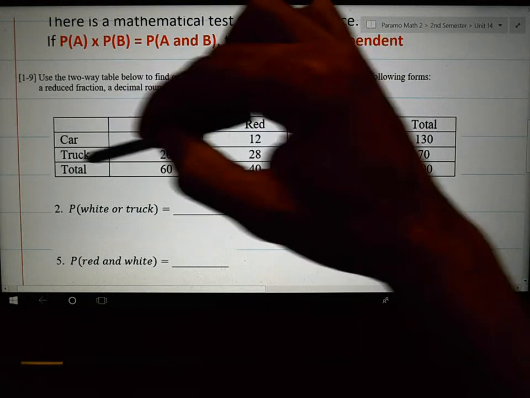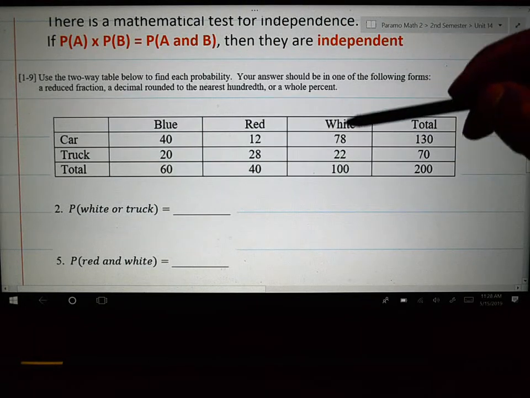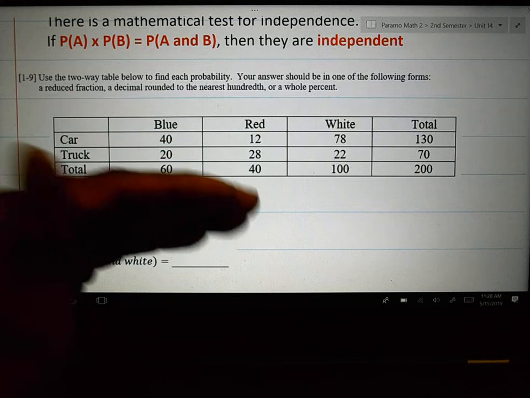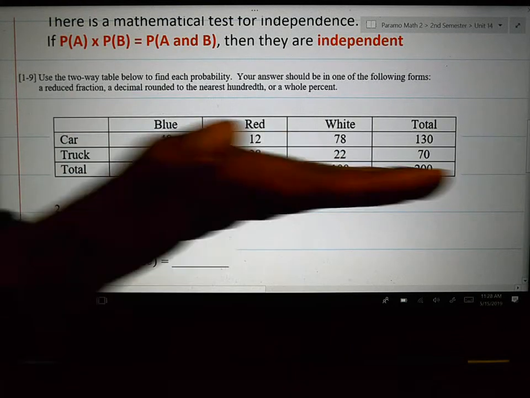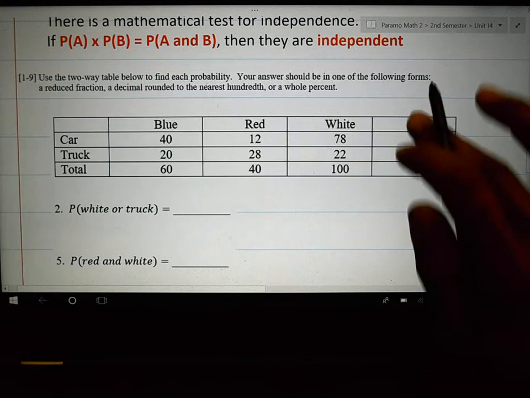If I'm saying how many trucks and vehicles that are white, you don't want to count the same thing twice, so be careful about using these totals when you have a row and a column that intersect.